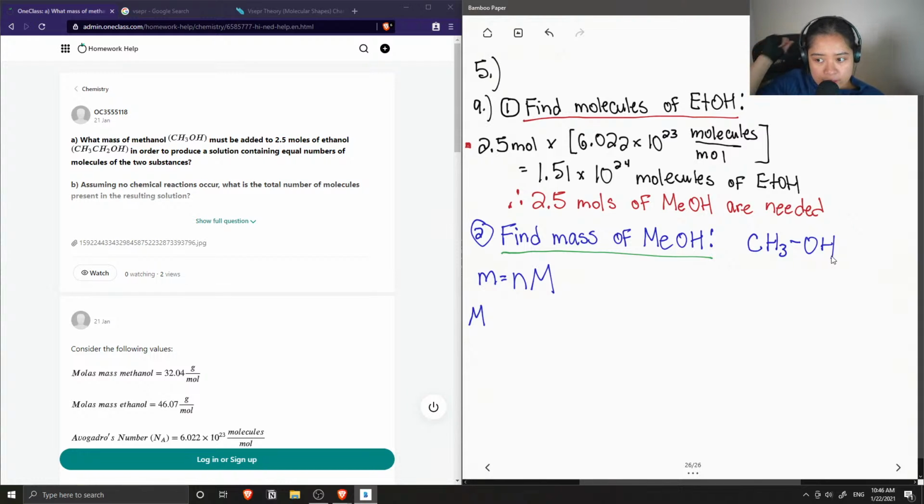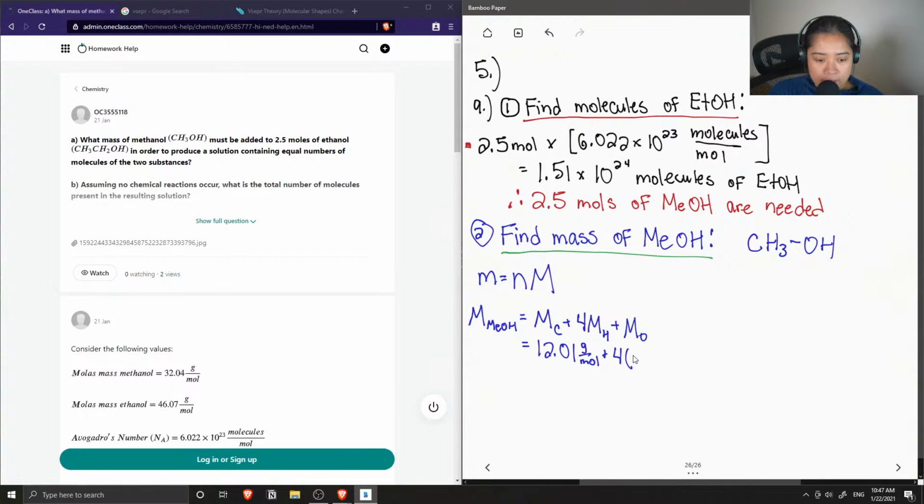So you can see there's 1 carbon, 4 hydrogens, and 1 oxygen. Just by going to our periodic table, we can find the different molar masses of these atoms. So it's going to be the molar mass of carbon plus 4 times the molar mass of hydrogen plus the molar mass of oxygen. Carbon's molar mass is 12.01 grams per mole.